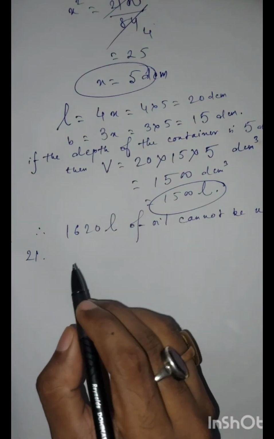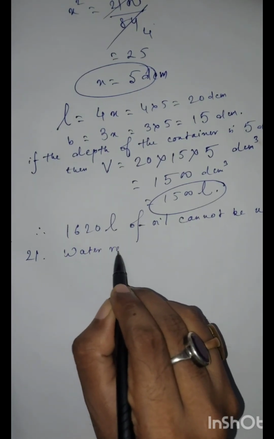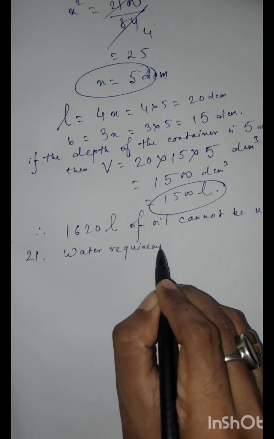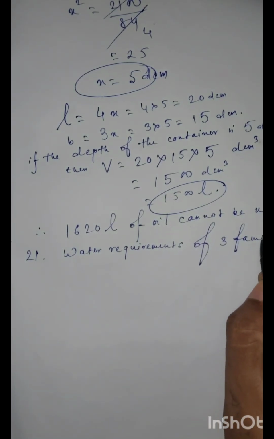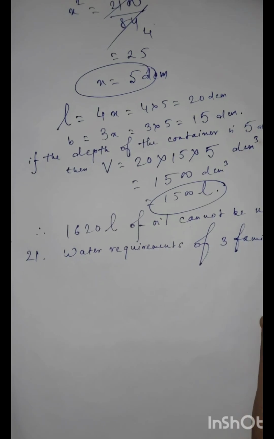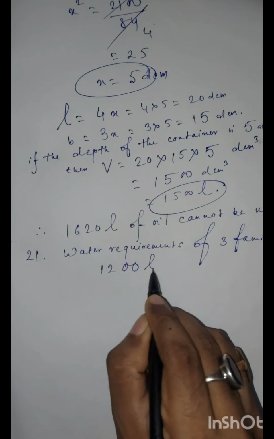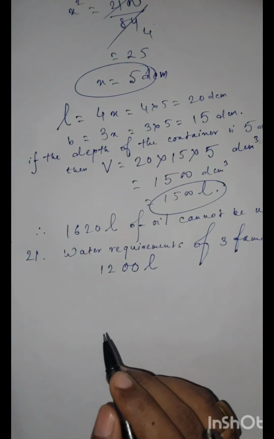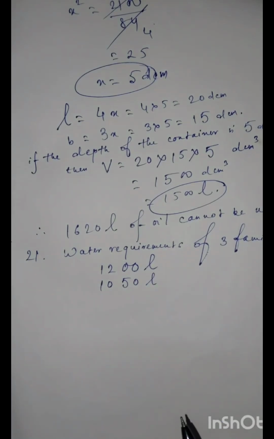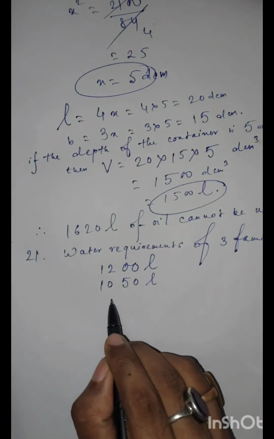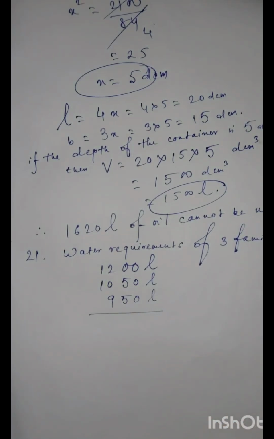Okay, so 1200 liter first family, 1050 liter second family, 950 liter third family.